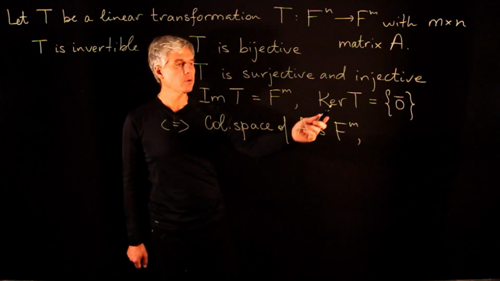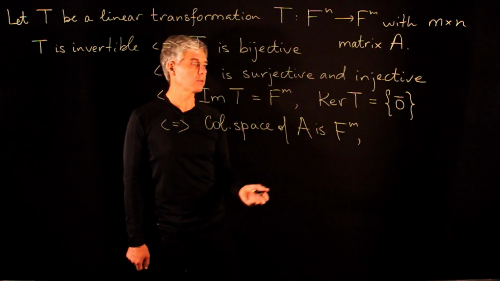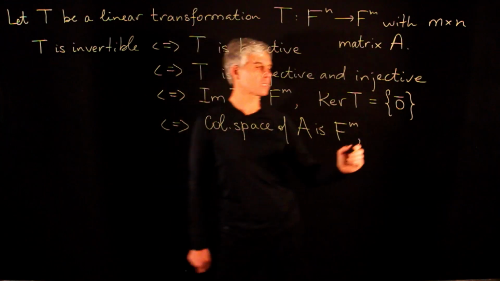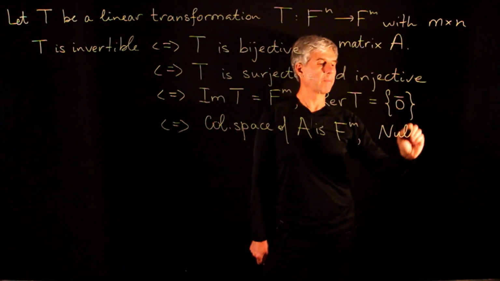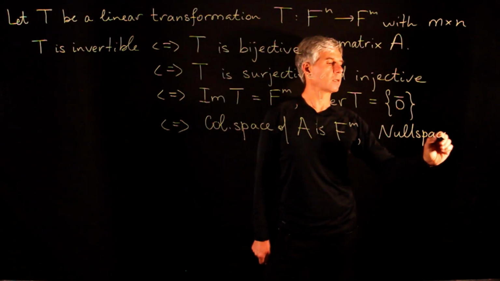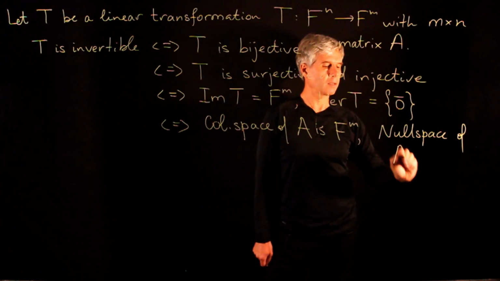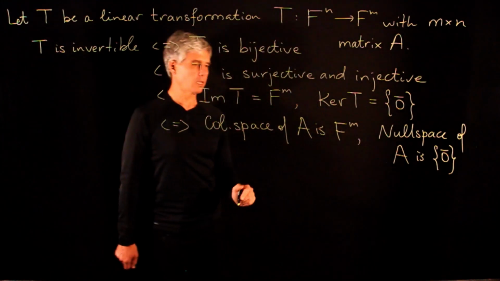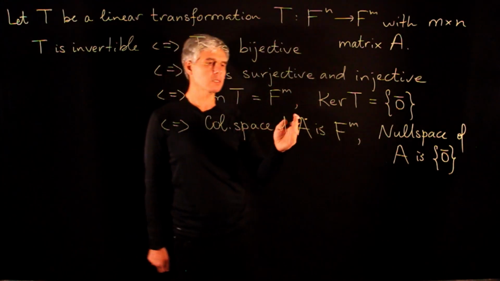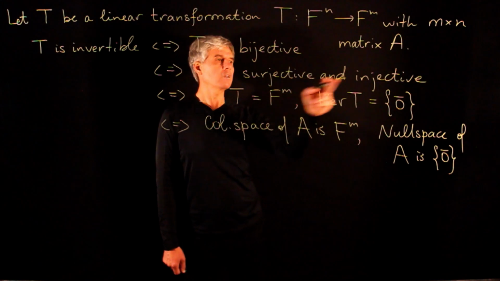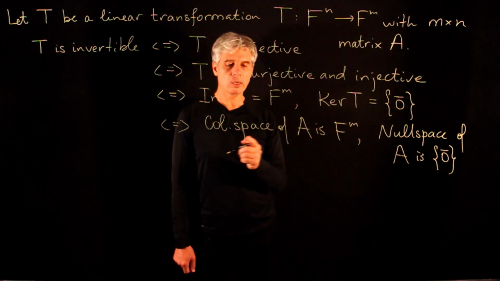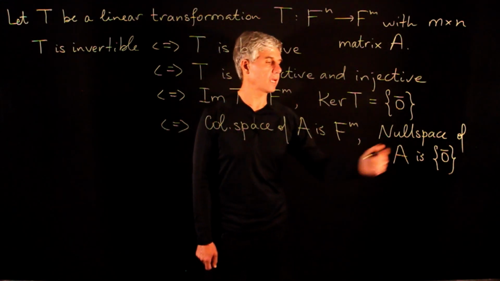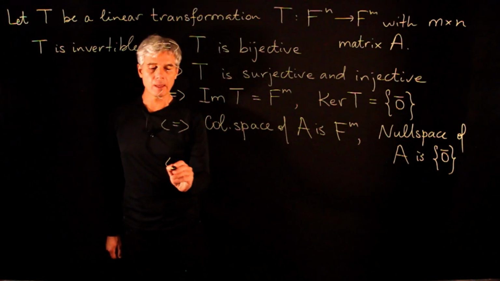And how is the kernel related to matrix A? The kernel is the null space. So the null space of A is the zero vector. Okay, so now we expressed surjectivity and injectivity of T in terms of the column space and the null space of a matrix.